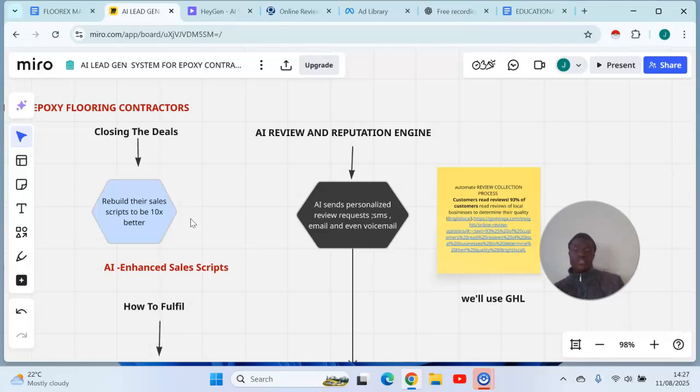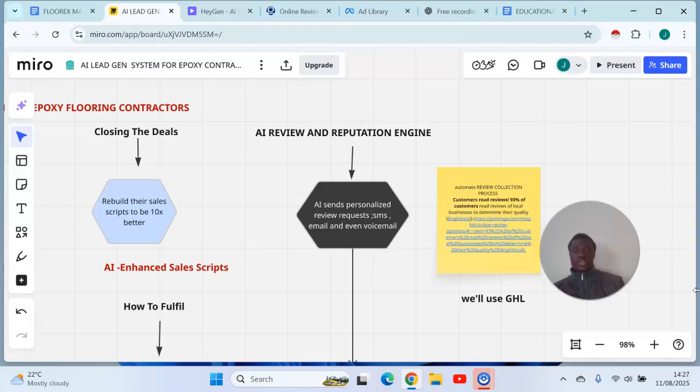Most average contractors are using average sales scripts, scripts that are not speaking directly to the homeowner's needs. So what we've done is we're going to use a trained AI based on the data of the business. We're going to train it on the script that the business uses. Our AI looks at the script, looks at the areas of weakness, the weak points, and comes up with strong objection handling points and strong pitching.